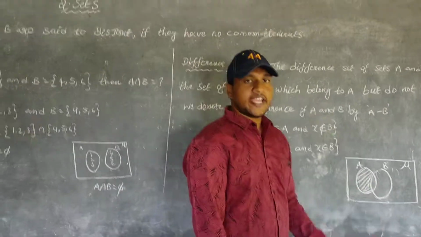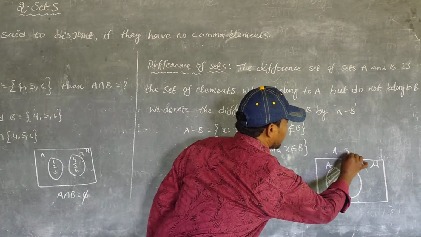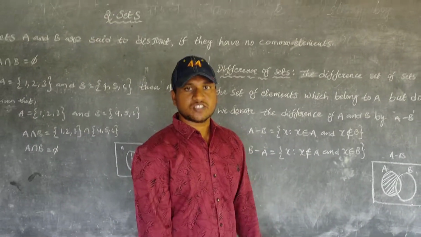What is the Venn diagram representation of A minus B, the difference of the sets?